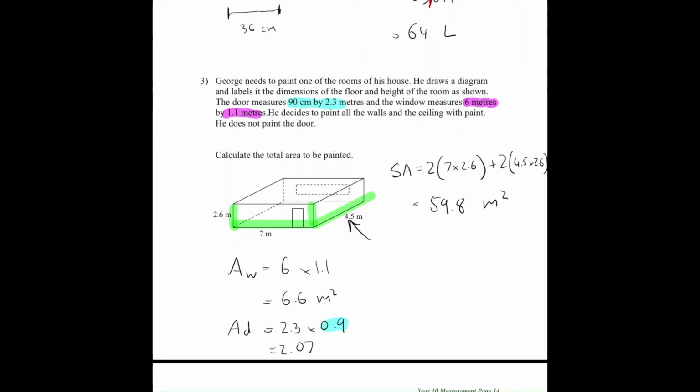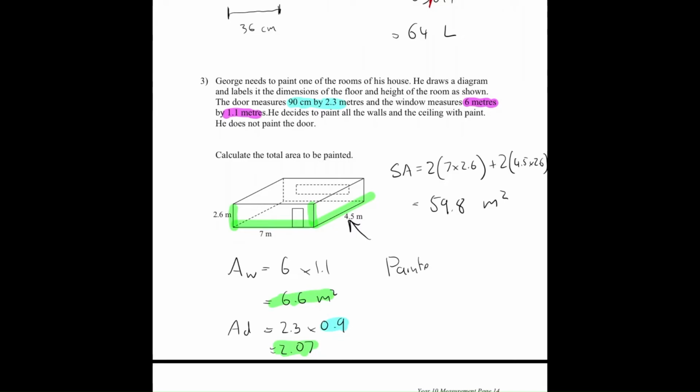Now, these 8 and a bit meters don't need to be painted. So we're going to take those away from our surface area to get the total painted area.